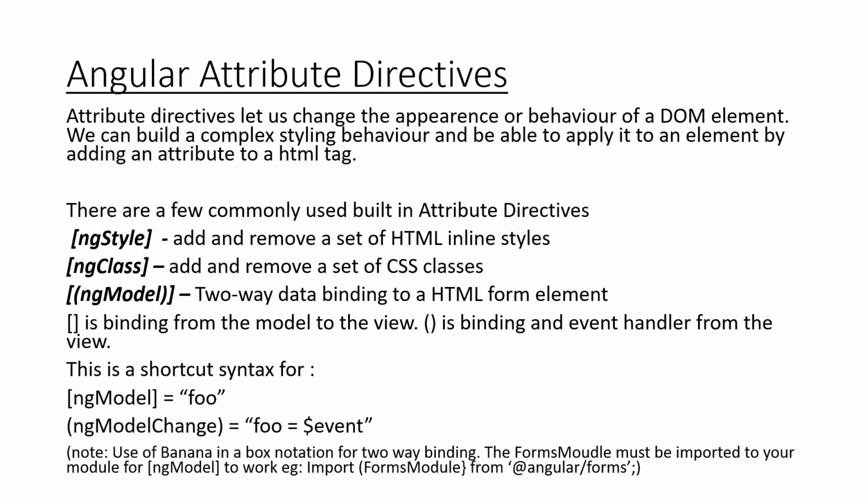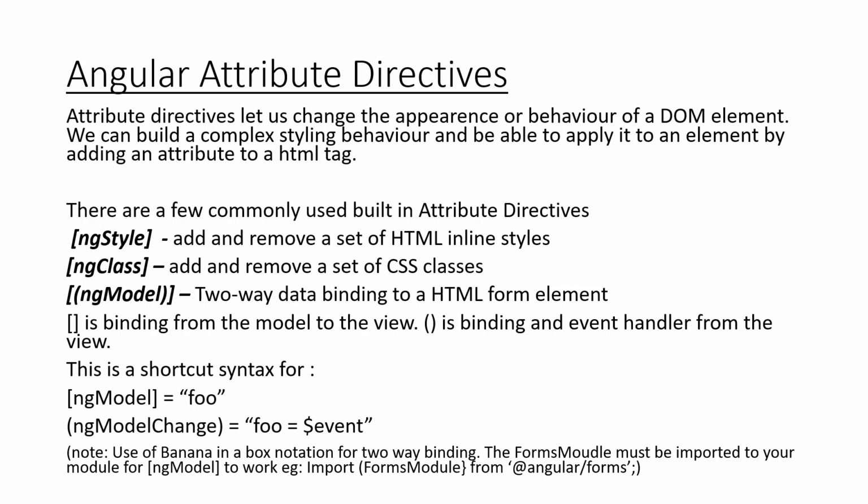We have a few commonly used built-in attribute directives. The first is ngStyle. So this allows us to add or remove a set of HTML inline styles. And then we've got the other one there, which is the ngClass. So this allows us to add or remove an entire class to our particular HTML tag. So the ngStyle would be effectively adding a style attribute, and with whatever styling we want.